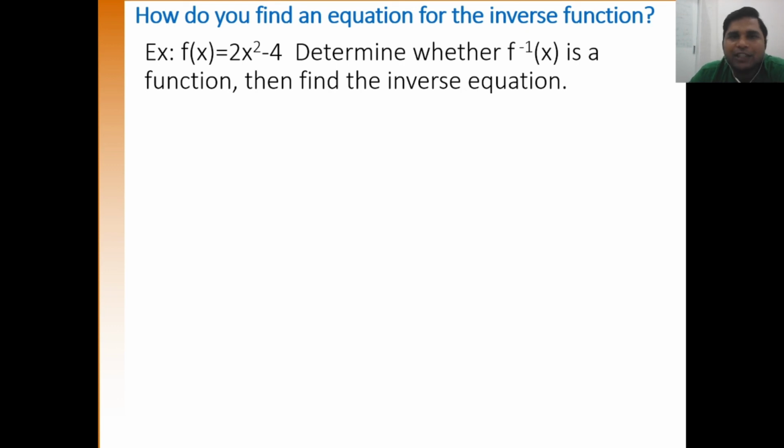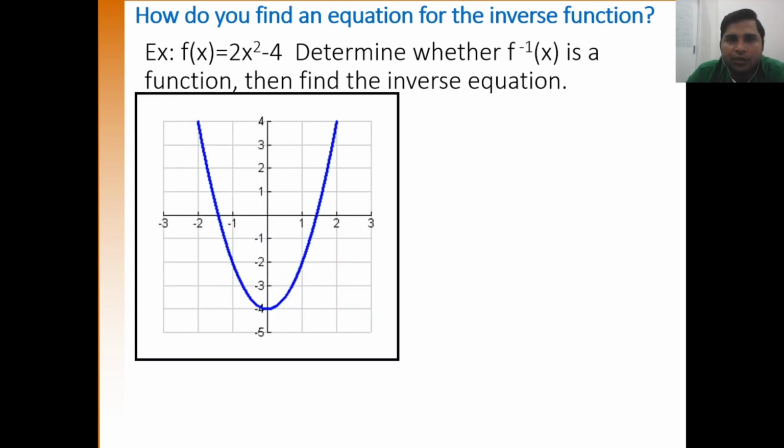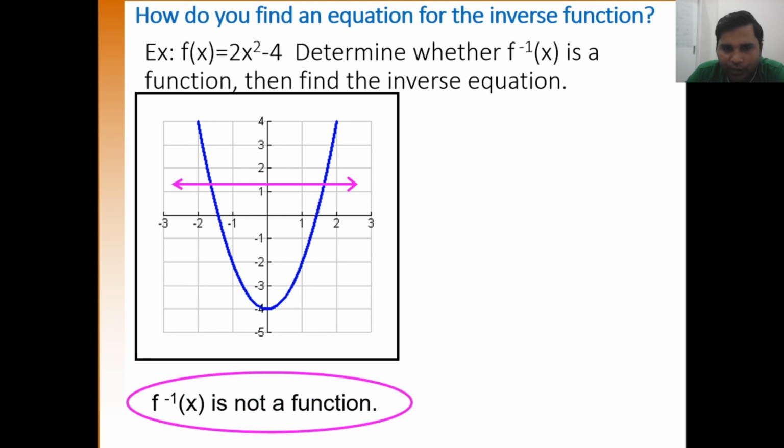f(x) is equal to 2x squared minus 4. Determine whether f inverse x is a function, then find the inverse equation. So here is the sketch of the graph of f(x) is equal to 2x squared minus 4. If we draw the horizontal line, it fails the horizontal line test, which means the inverse is not defined for this domain.